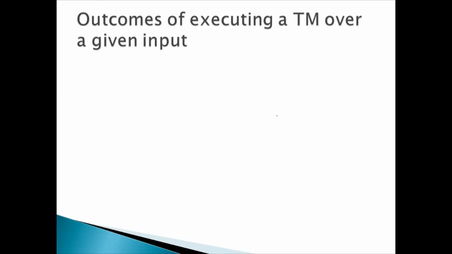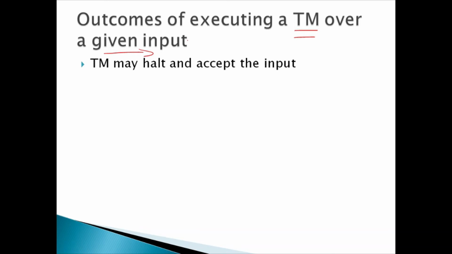So let us start. If we talk about a Turing machine and its execution over some given input, we can think of certain outcomes. What are these? The Turing machine may halt and accept the input.